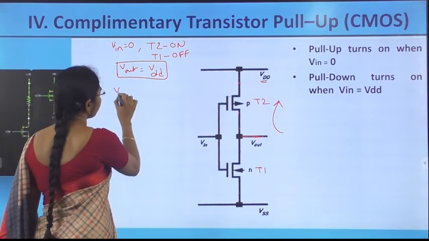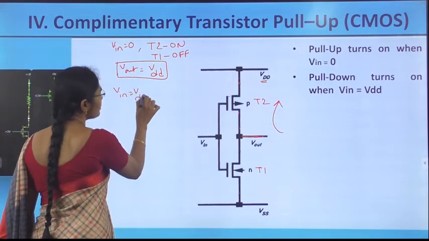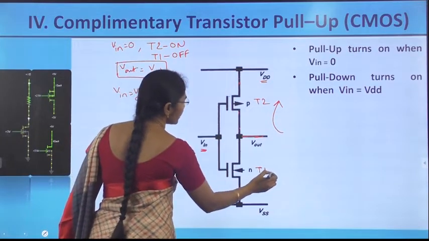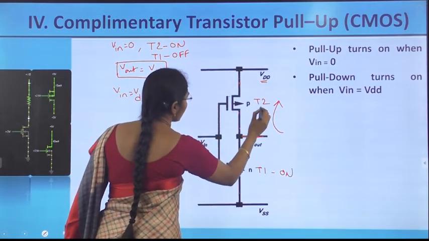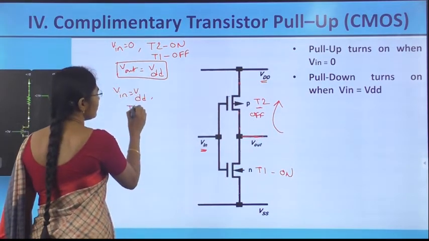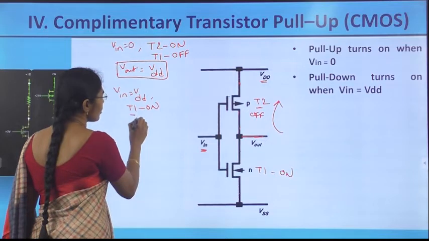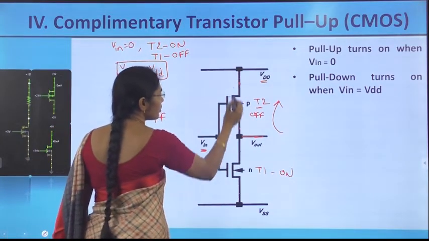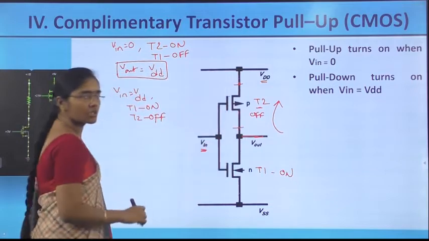Now, connect Vin equal to VDD at the input. What will happen? Since Vin is equal to VDD, transistor T1 is on and T2 is off. Since T1 is on and T2 is off, there is no pull-up path. This is an open connection.